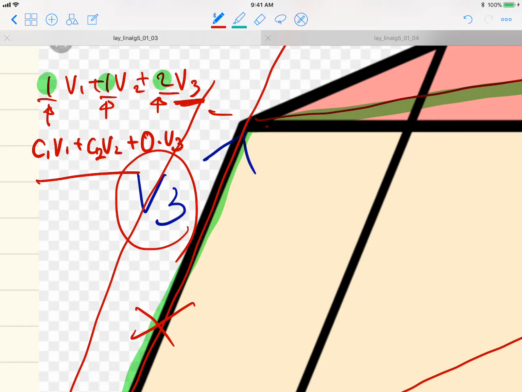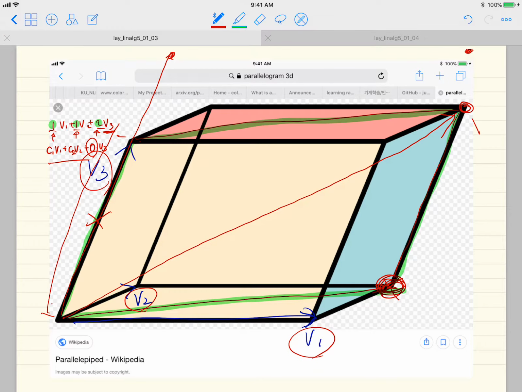Now we can adjust their height by starting to add a little bit of v3. We initially had this horizontal plane as a collection of points.